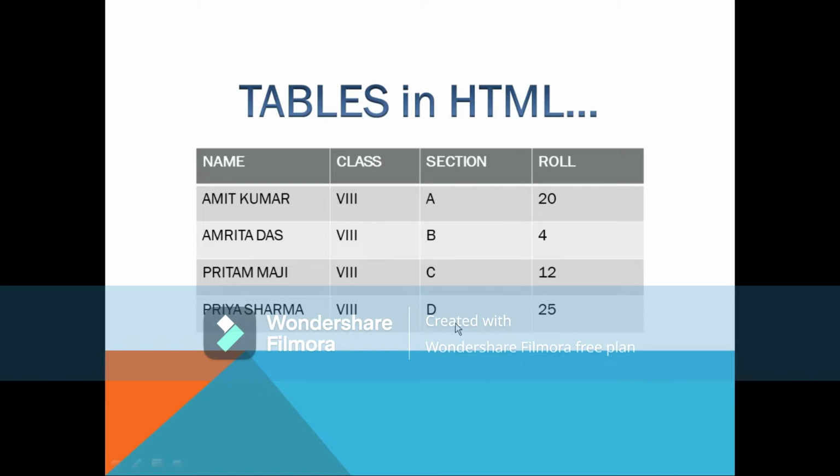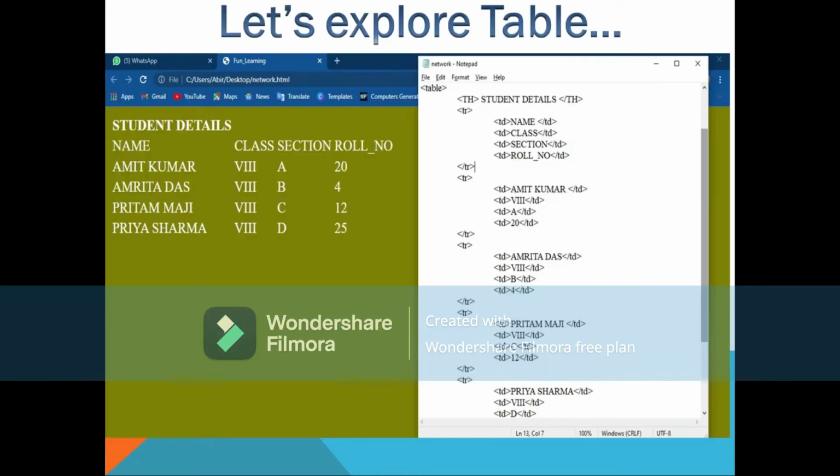So for creating the table, we need a tag called table. So we will explore this thing and we are going to add this thing in our table. Means that will be a student table where we are going to add these details like name of the student and then class, section, roll number.